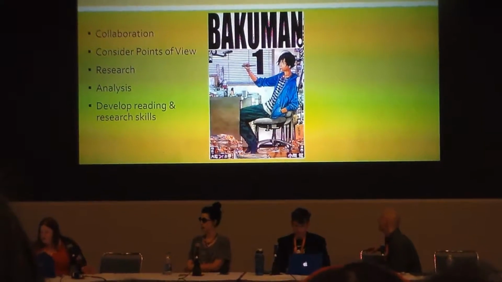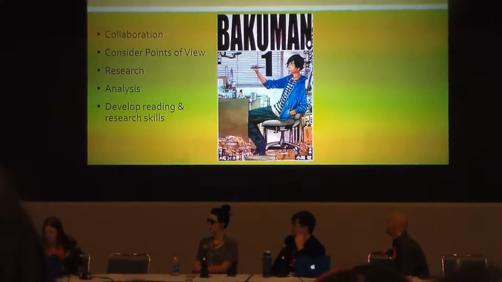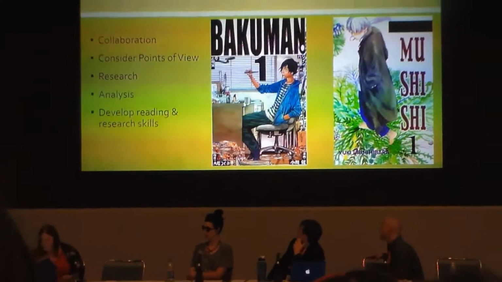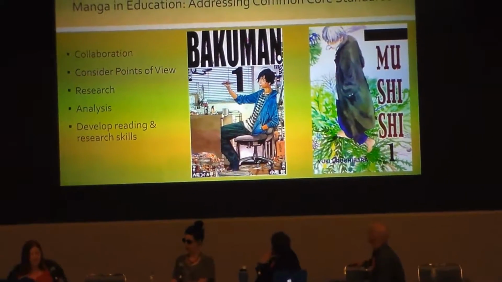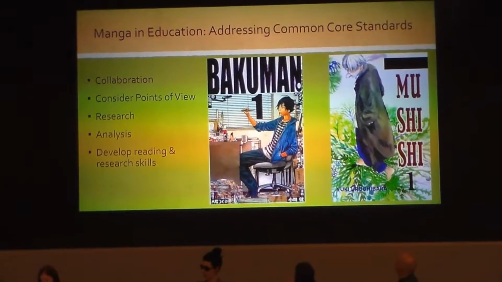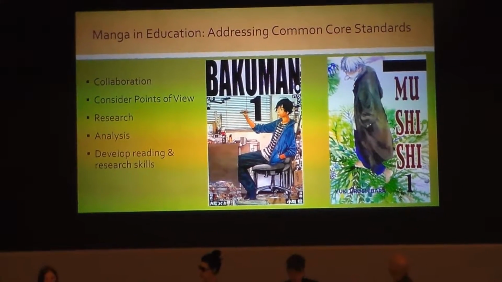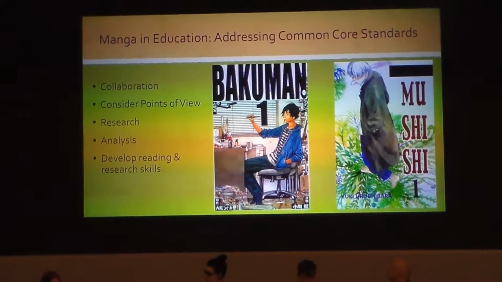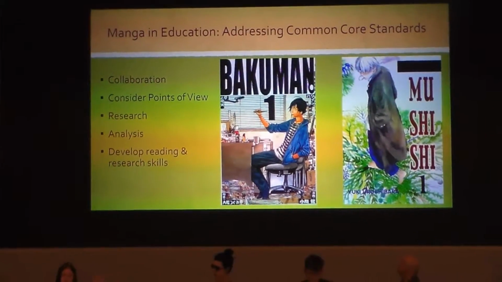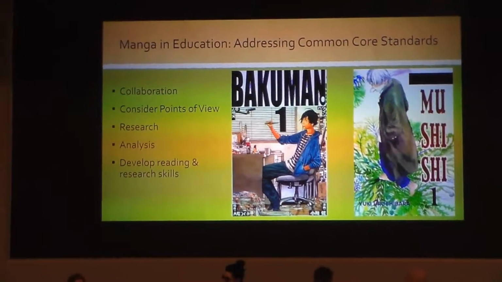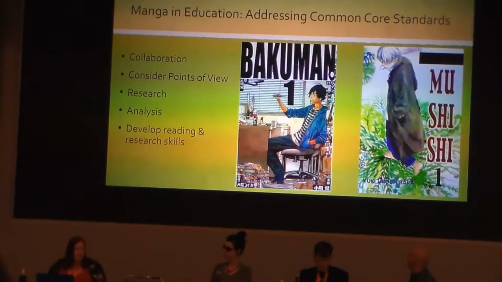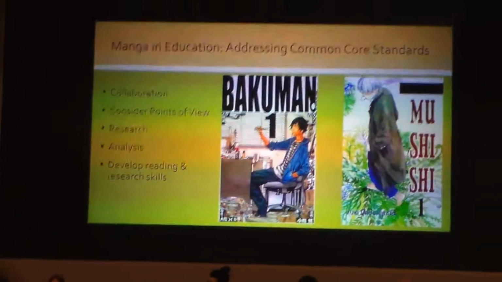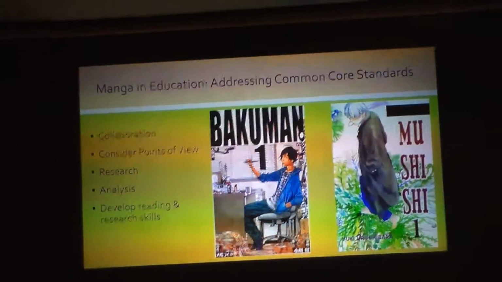Students also are required to relate broader themes or larger ideas and actively incorporate others into the discussion, as well as to clarify, verify, or challenge ideas and conclusions. A lot of manga, and especially Bakuman, really will allow students to challenge conclusions. Is it enough to just say, oh, they're only 12, they shouldn't be working as hard as they are? I really like that it does that.